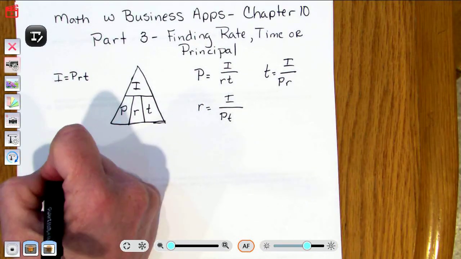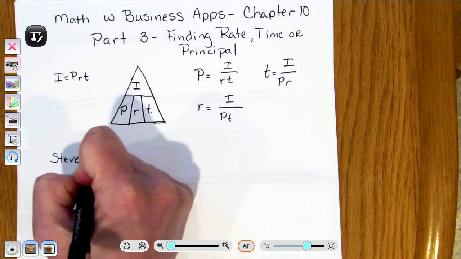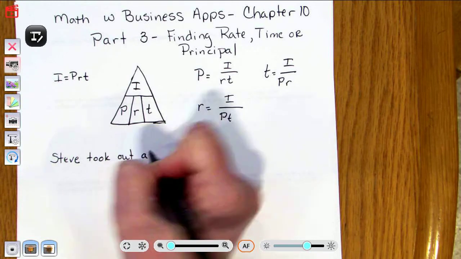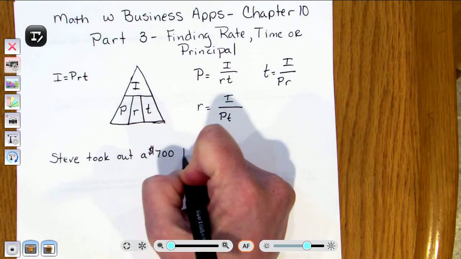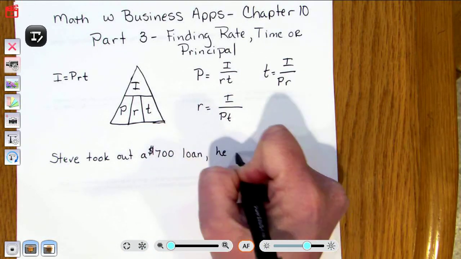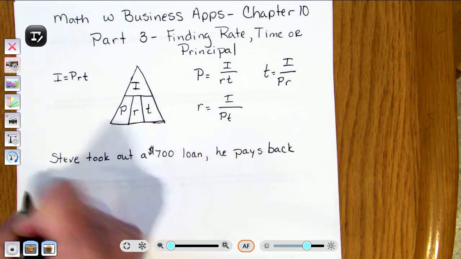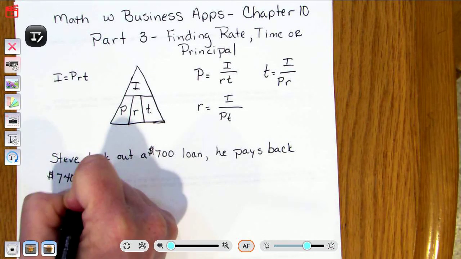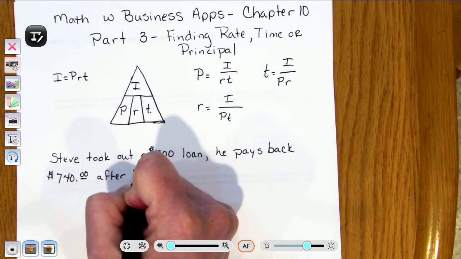So let's go with Steve. He took out a $700 loan. He pays back $740 after 8 months.